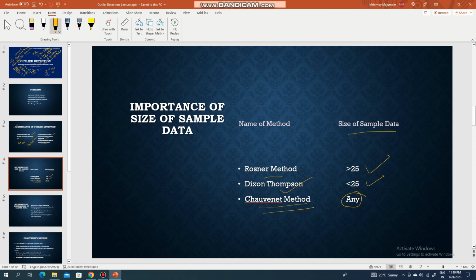But Rosner method can only be used when the number of data points in a sample is greater than 25. And Dixon Thompson method can only be used when the number of data points is less than 25. These are the restrictions. But in case of Chauvenet method, you can use it when there are 100 data points or when there are 20. In any size of data, Chauvenet method can be used.